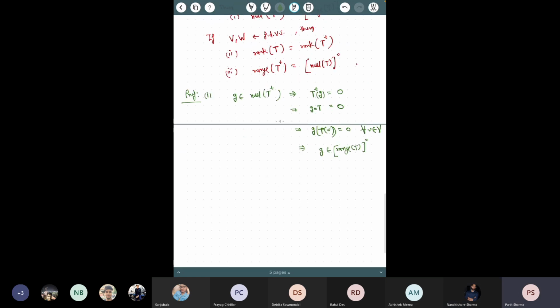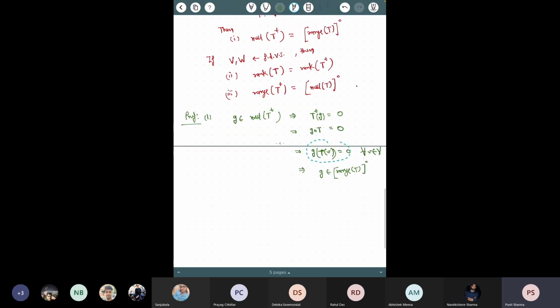Now, what about the previous step? Can I say from here to the step above, if G of TV equals 0 for all V, can I say that G composition with T equals 0? Yes, sir.